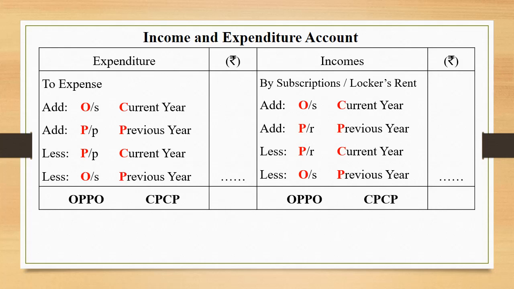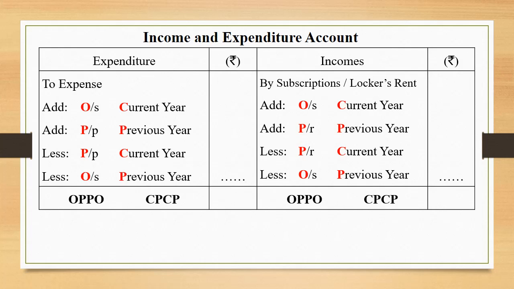Similarly, two amounts are deducted: prepaid current year and outstanding previous year. To memorize the format, you can see that I have marked in red OPPO and CP. OPPO is outstanding, prepaid, outstanding, prepaid, and CP is current year, previous year, current year, previous year.